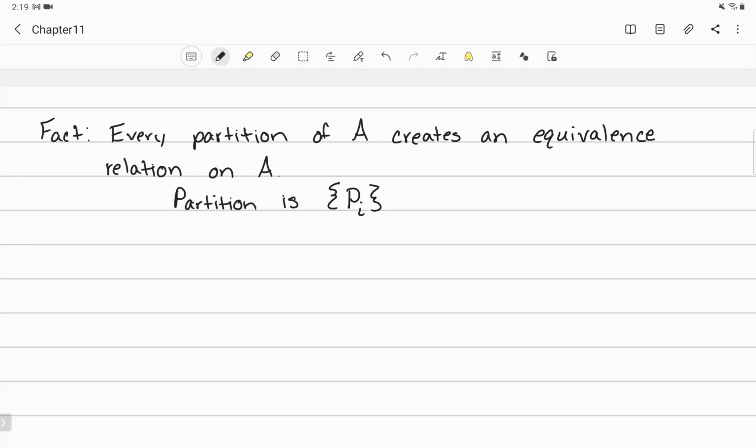So here's the relation we create. We say a is related to b if and only if a and b are in the same P_i.